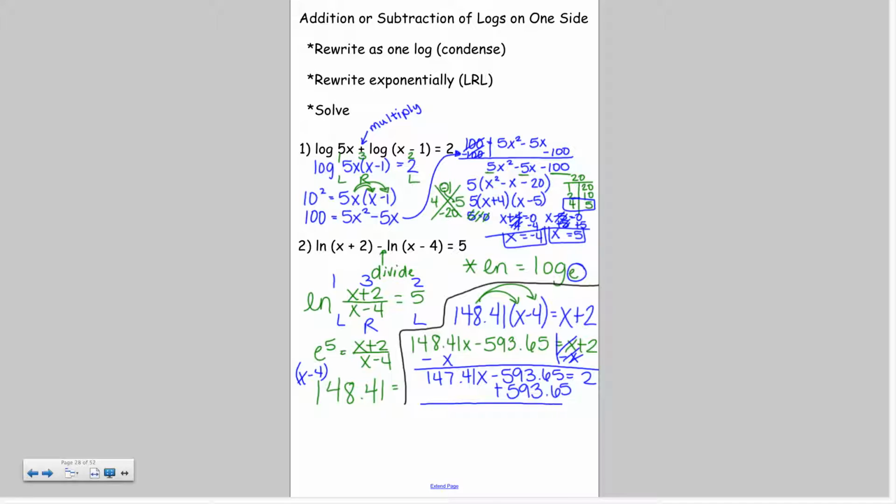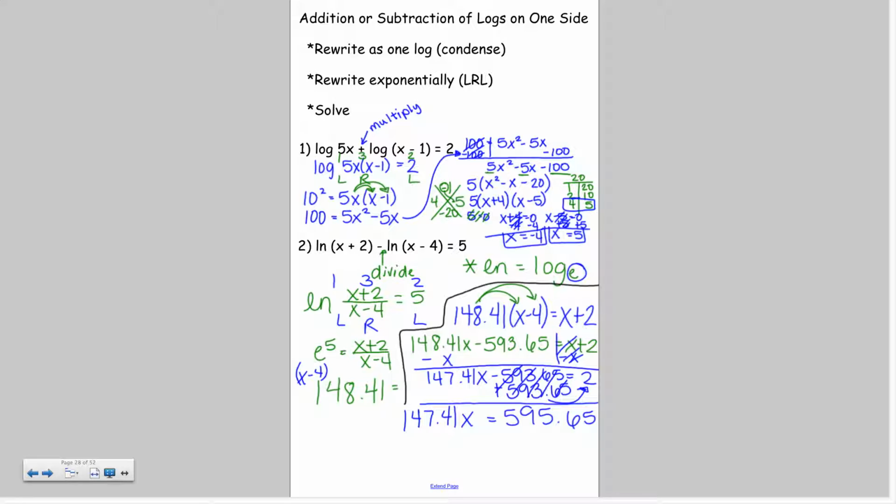So just know that I'm adding that to this side and to the 2. Okay? When I do that, I have 147.41x. This cancels out, and it is equal to 2 plus 593.65, so 595.65. All right.